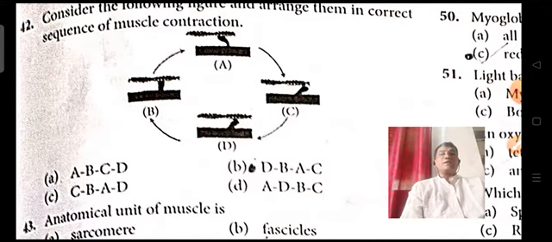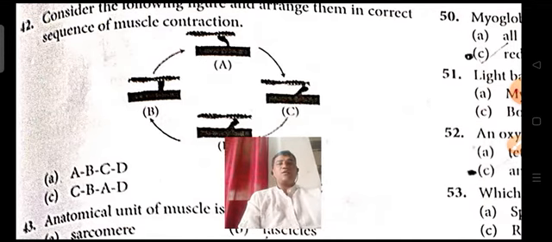In this, they are asking what is the series of actions that take place in the sliding filament theory: the base of the bridge, attachment of cross bridge, movement of myosin during the contraction, and releasing of cross bridge. This is the phenomenon that has to take place in the muscle sliding filament theory during muscle contraction.